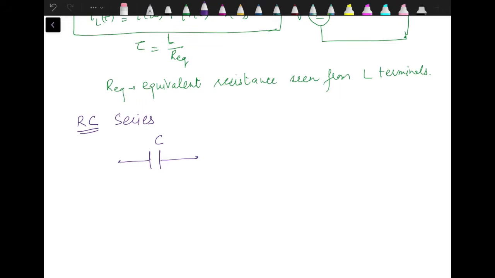When it opposes the instantaneous change in voltage, it means the voltage across the capacitor at the instant of switching is the same as the voltage across the capacitor before switching, that is 0 minus, and even just after switching it will remain the same. So Vc(0 minus) is the same as Vc(0) as well as Vc(0 plus).